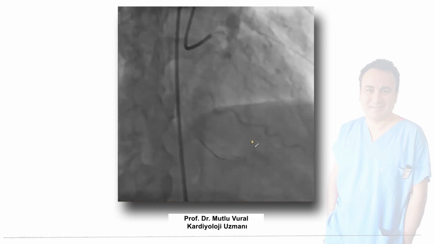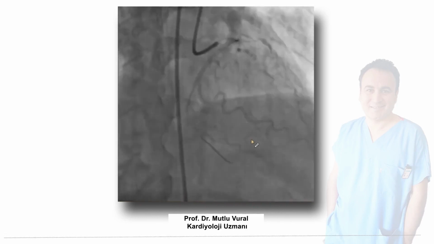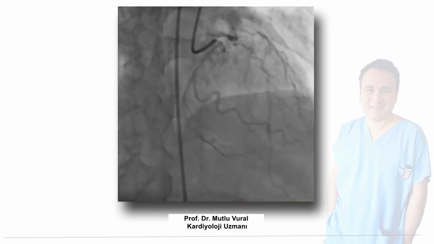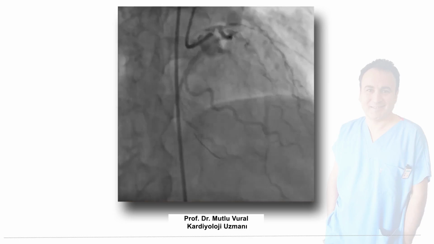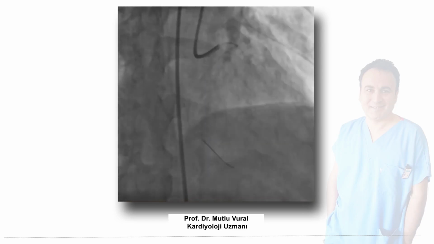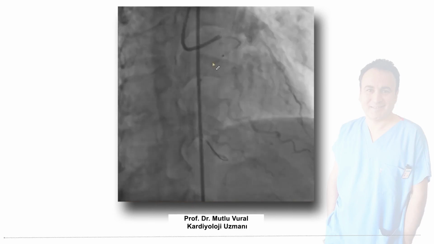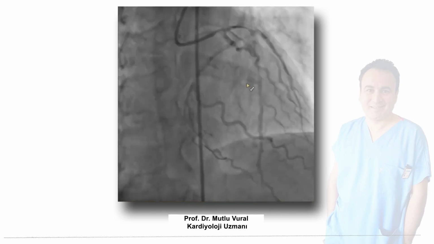unfortunately there is no antegrade flow, there is no retrograde flow, and we don't have intracoronary imaging, so we should be very careful for predilatation. We used this balloon at 1 atmosphere. Unfortunately, only 1/3 of the balloon is dilated.